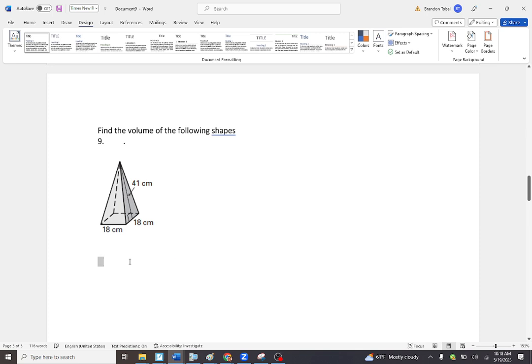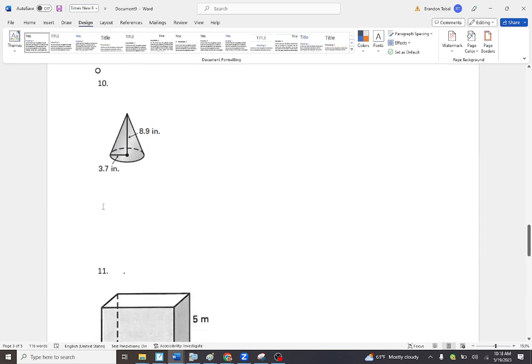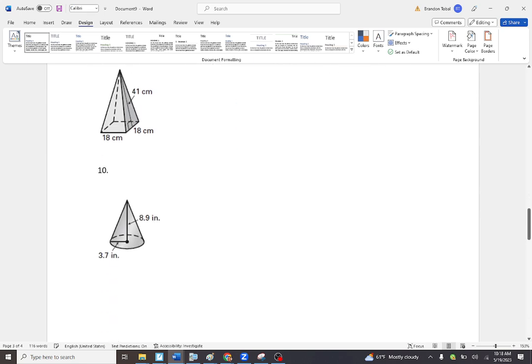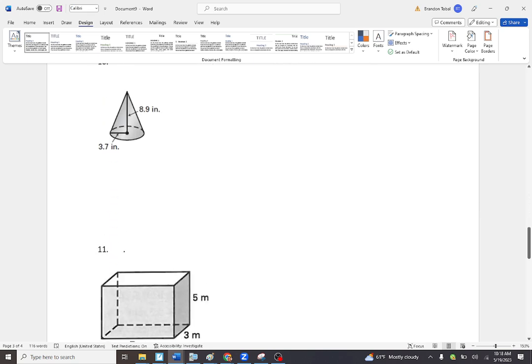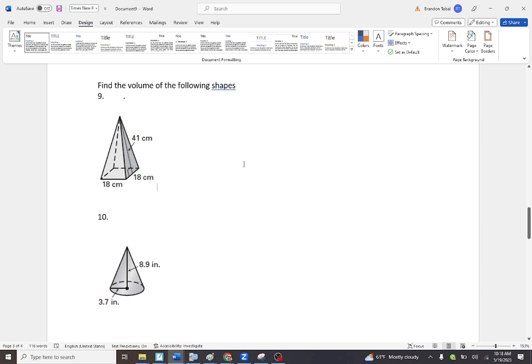All right. Let me just make space. For this one, this is a square pyramid. Now, the volume for a pyramid is always volume equals 1/3, capital B base times height.